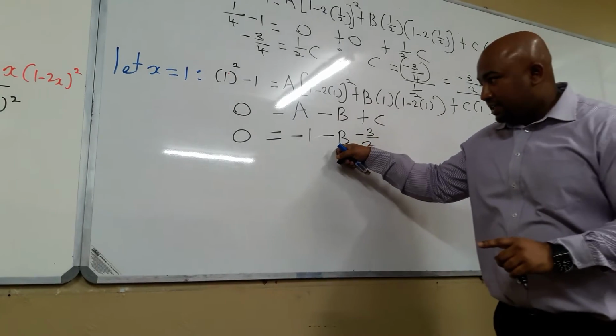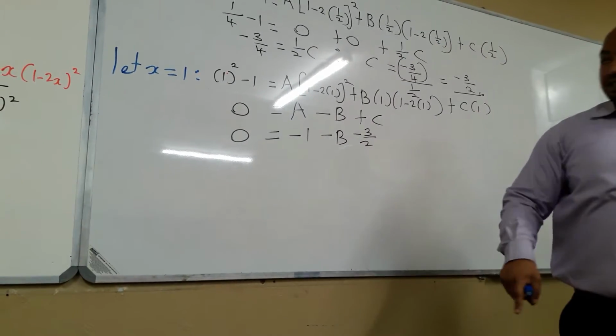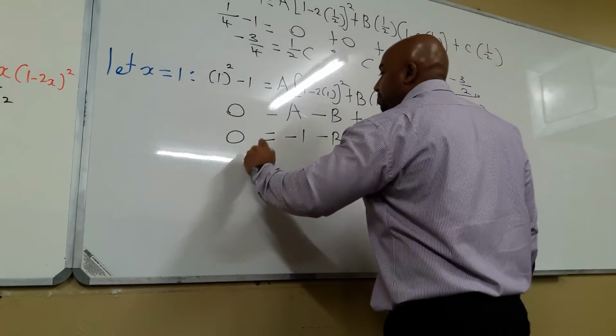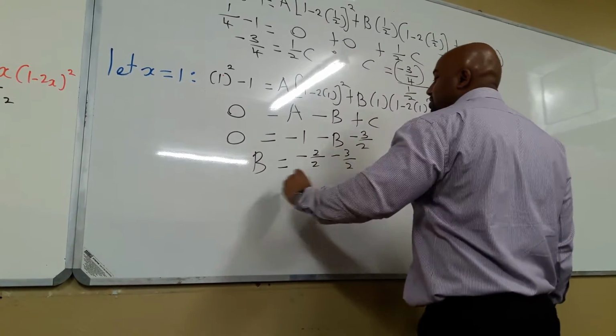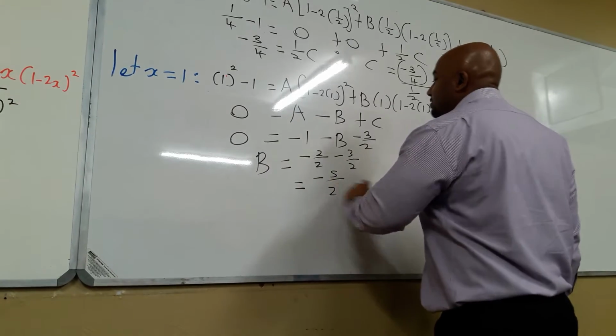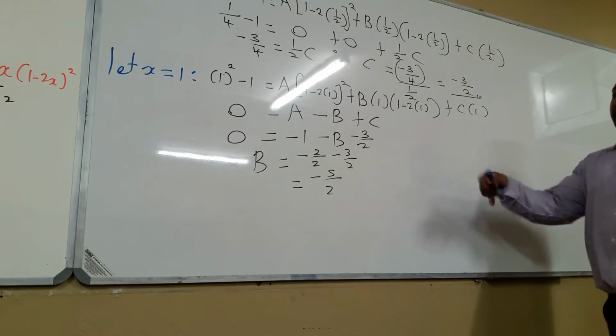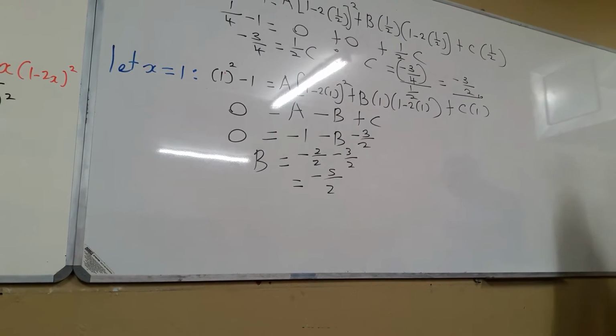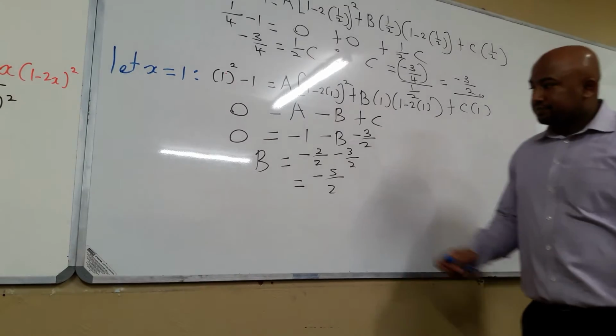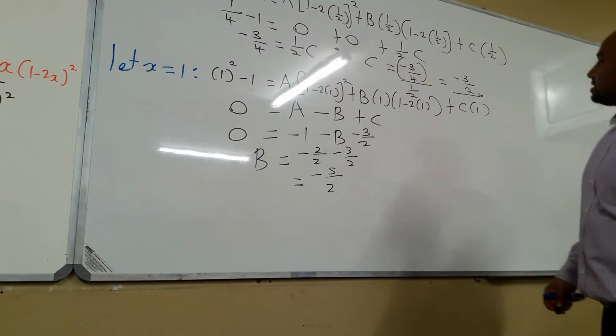So if I take minus b to the left, it will be b is equal to minus 2 over 2 minus 3 over 2, which is minus 5 over 2. Minus 1 minus 3 over 2. Minus 2 over 2 minus 3 over 2, which is minus 5 over 2. So now, let's substitute.